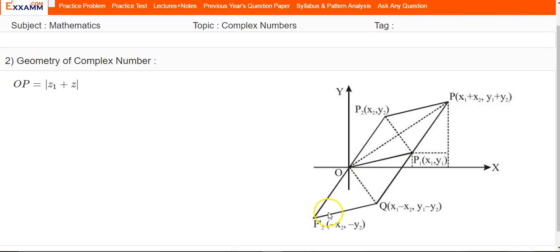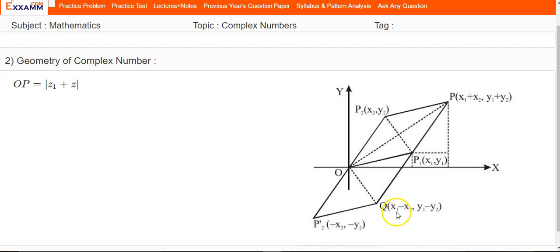Similarly, when we go for this minus z2, so this minus z2 is minus x2 minus y2, so we draw it backwards and we reach here, and we complete this particular parallelogram O, P1, Q, P2 dash.